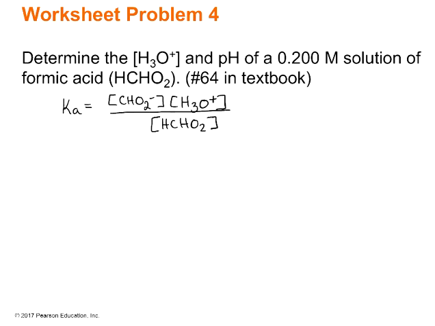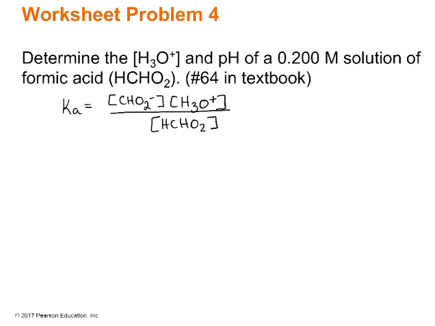So again, we have the concentration of the products in the numerator, and they're multiplied by each other. And then in the denominator, we have the concentration of the reactant. And all of these concentrations are at equilibrium. So now we just plug in the values that we have.